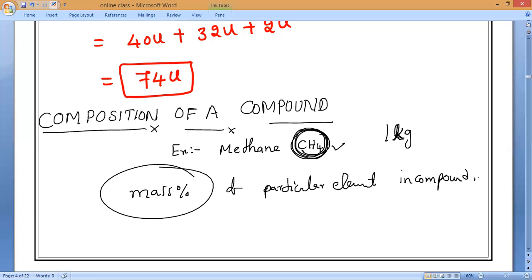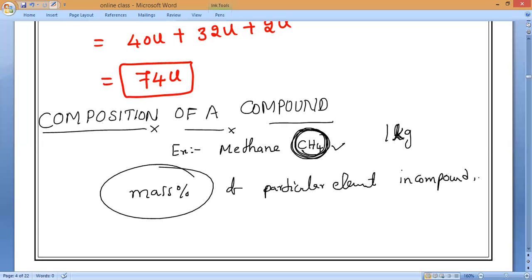So if you know the mass of a given compound, then we can calculate how much amount of an element will be present in the given mass of the compound. That is what you have to remember. So the molecular mass of a compound will help us in calculating the percentage of an element in the compound.